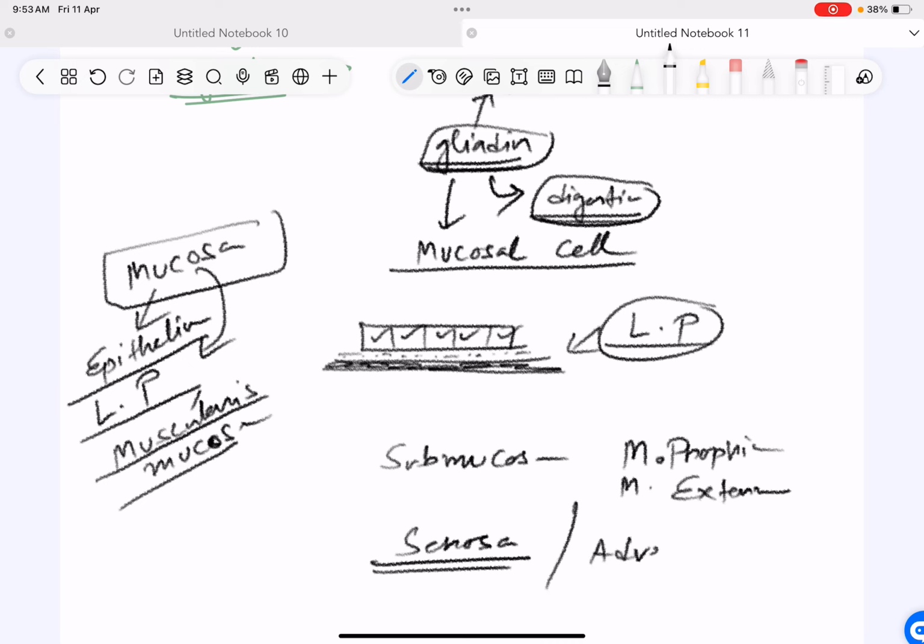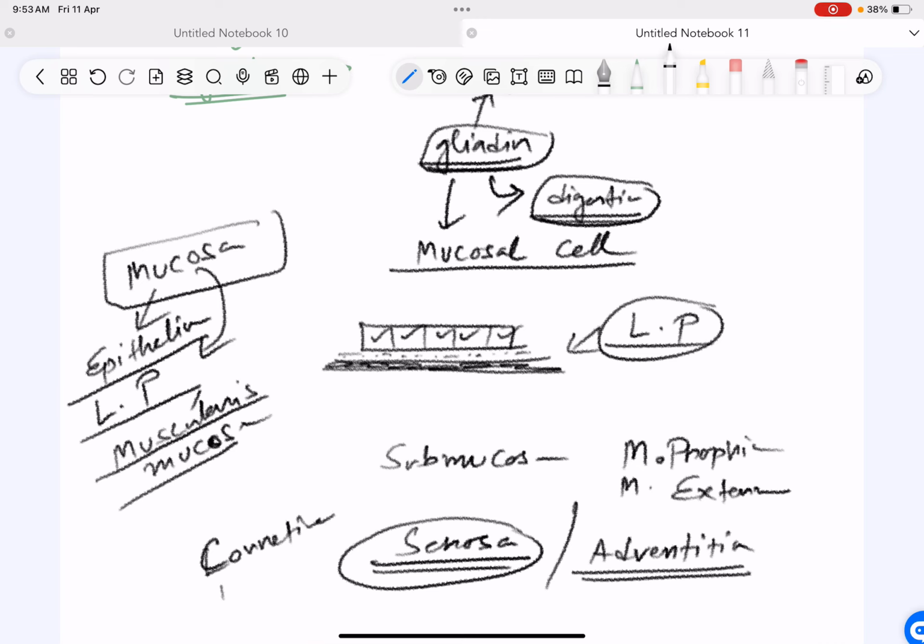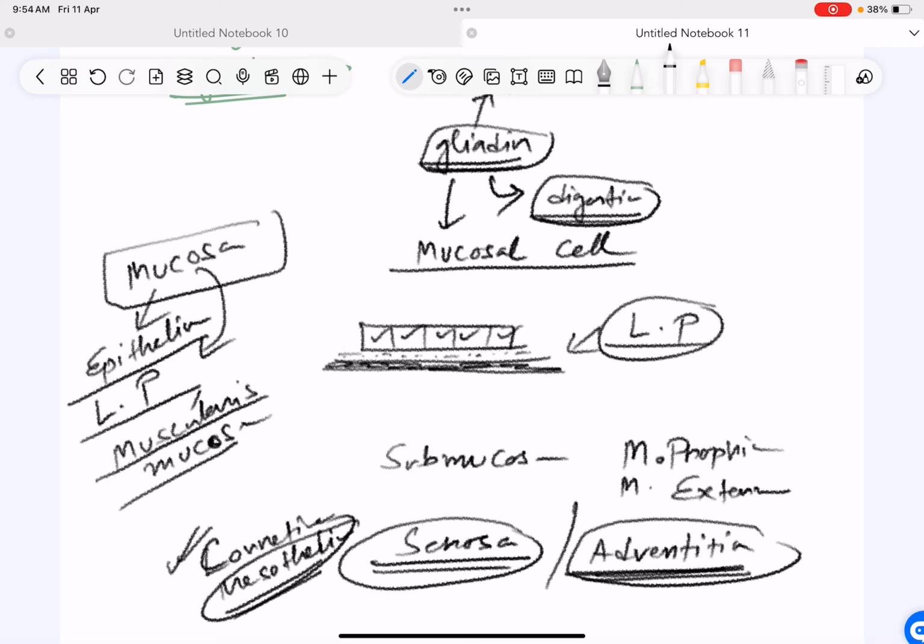Instead we have adventitia, a very loose connective tissue. Serosa has both connective tissue and mesothelium, so the presence of mesothelium differentiates serosa from adventitia.